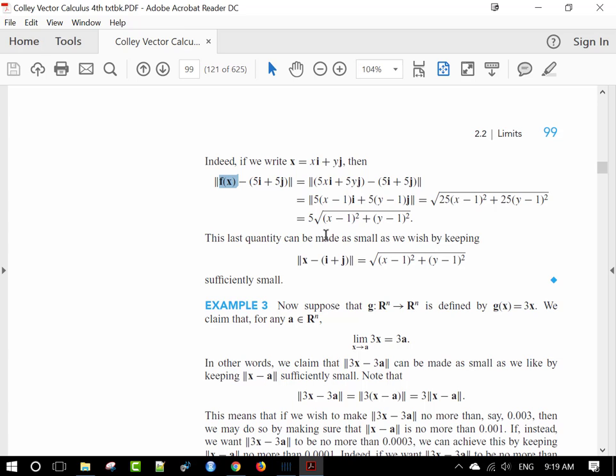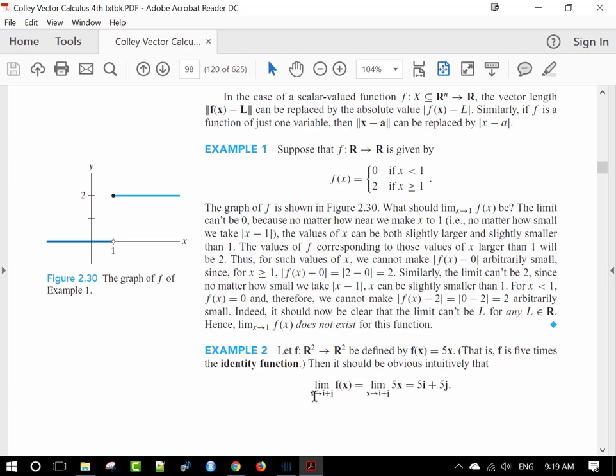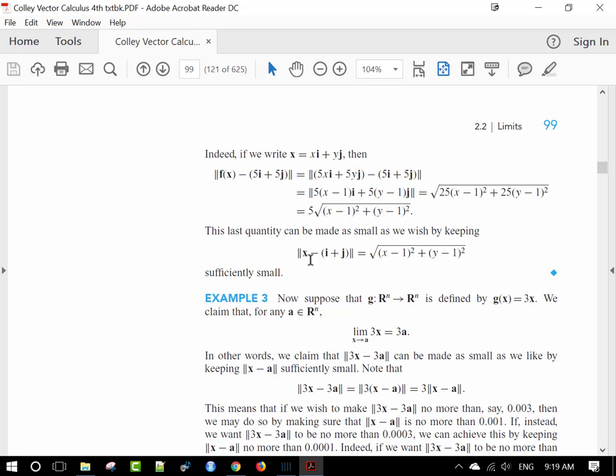And then they say we can make this as small as we want as long as we make this quantity small. We need to say that as long as this is sufficiently close to this, so as long as we make the distance between them small, because this is equal to this, but that's the same thing that we had here.